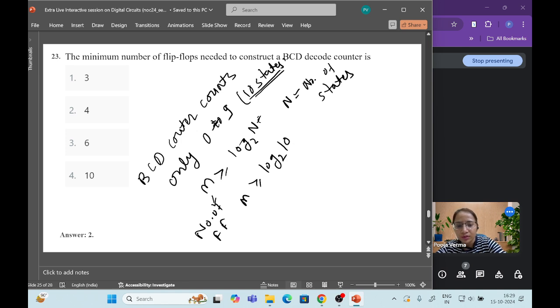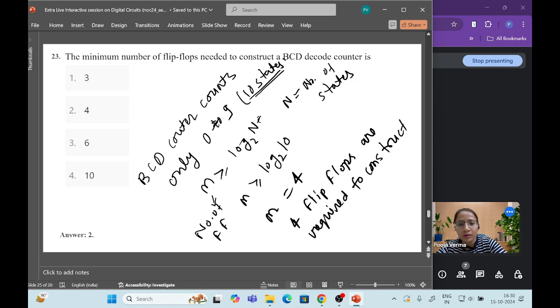If you calculate it, you will get m equal to 4. Okay, so 4 flip-flops are required to construct a BCD counter.